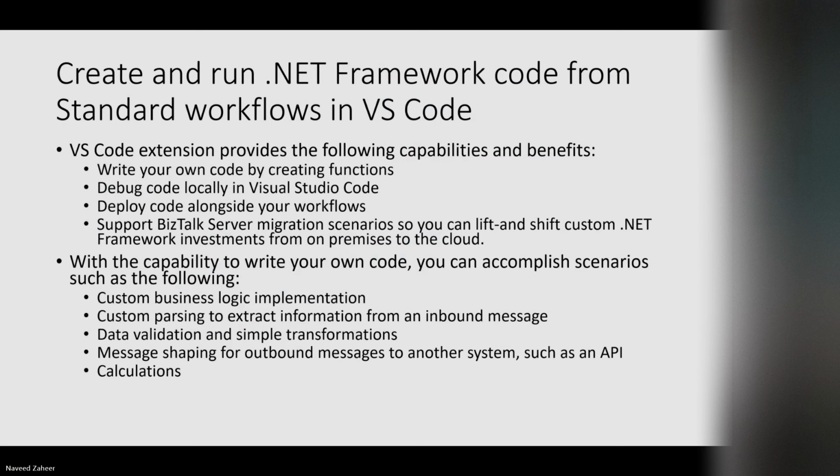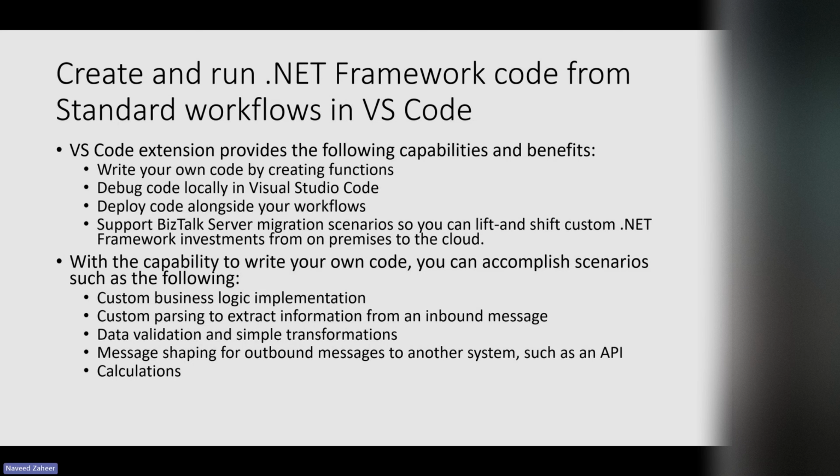So what is the update that we are talking about? As you know, you can have a Logic App workflow, and from that workflow you can call an Azure function. There's an activity available that allows you to do that, and you can definitely take advantage of it. But what we are talking about is the ability to embed your .NET code.